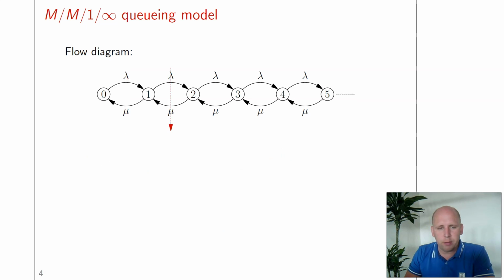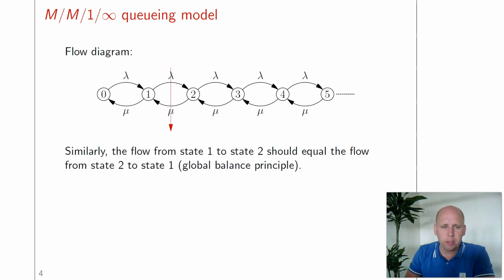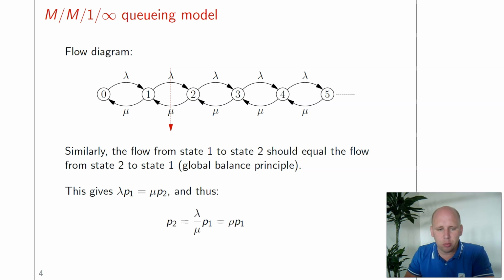We can do that wherever we like, so we can also do it over here. Flow from the left to the right should equal the flow from the right to the left. That allows us to write P2 in terms of P1. So P2 is rho times P1, and P1 was rho times P0. So that means that P2 is rho squared times P0.